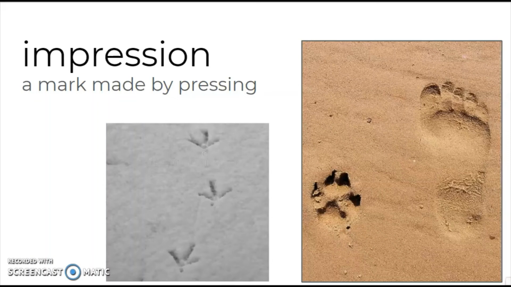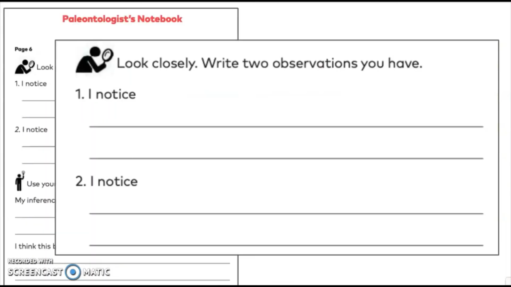Now it's your turn to make 2 observations or noticings and then make inferences. Let's go ahead and take a look at what your work will look like. So in your purple writing notebook, you will need to look for this page. I have to let Mr. Neil know which page this is.